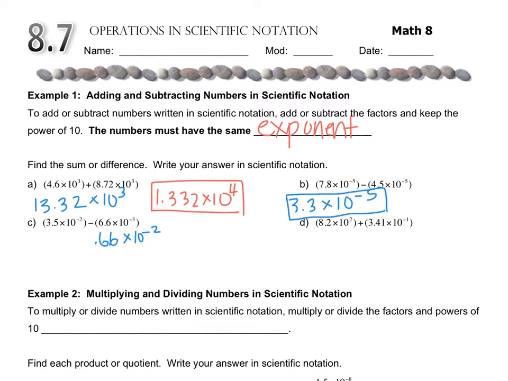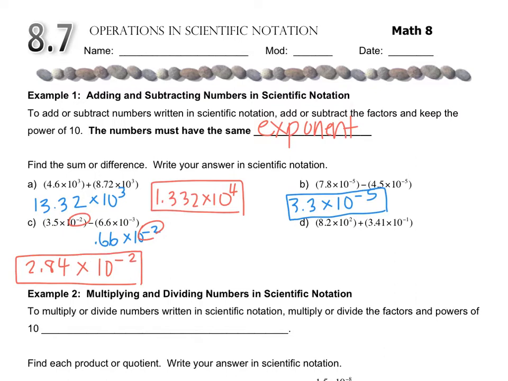And you get 2.84. And then the rule is keep the power, so you keep the power now in the negative 2 because they match. And then you just double check, is it in scientific notation? Yes, because the decimal number is between 1 and 10.